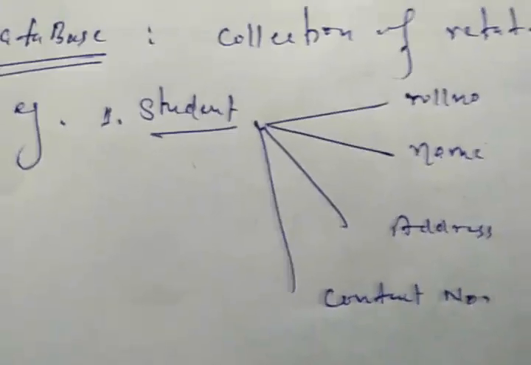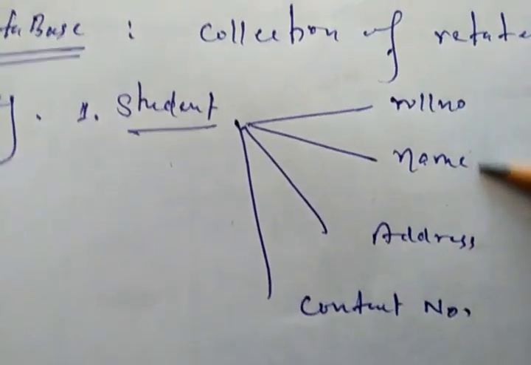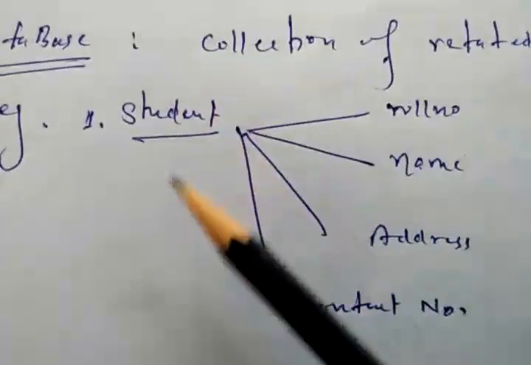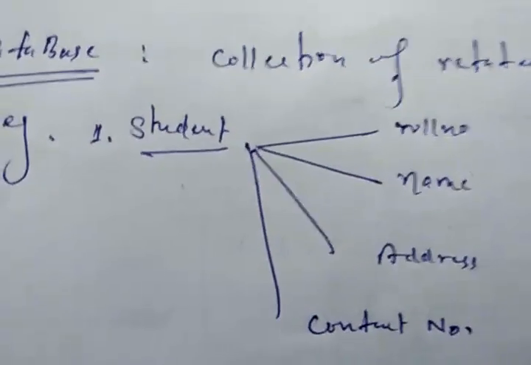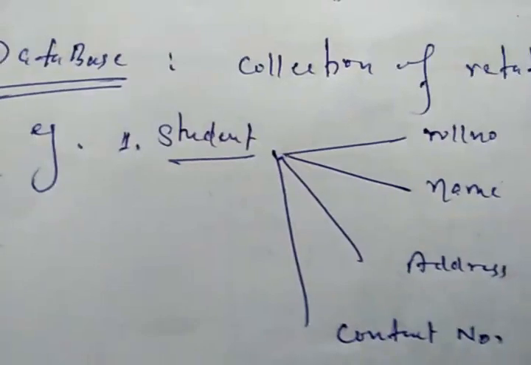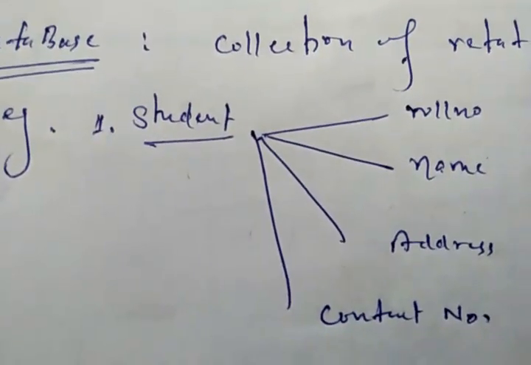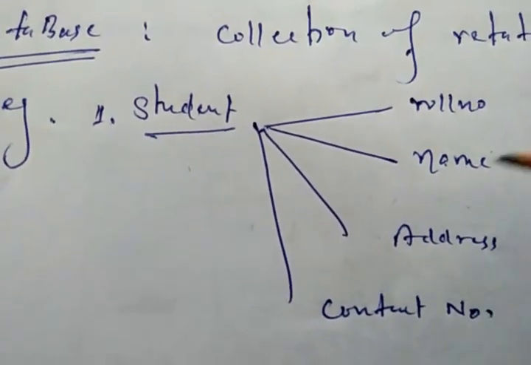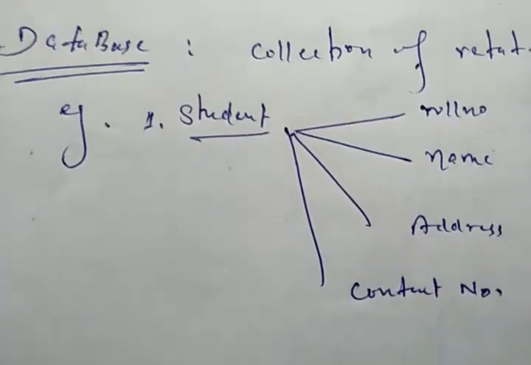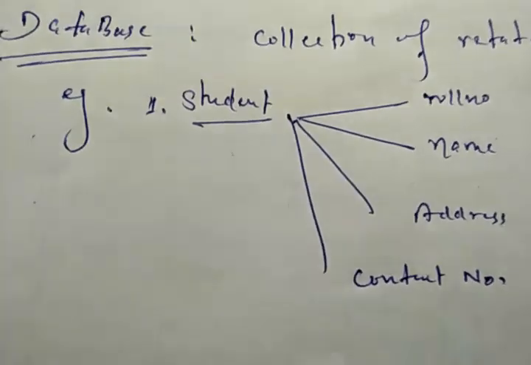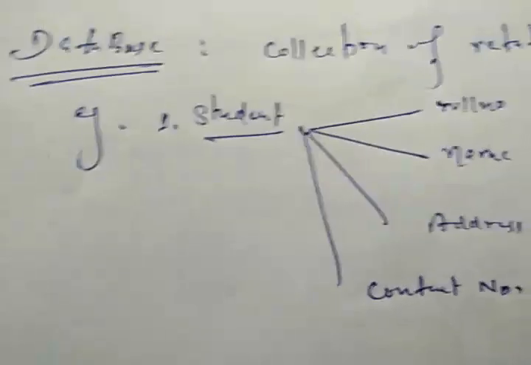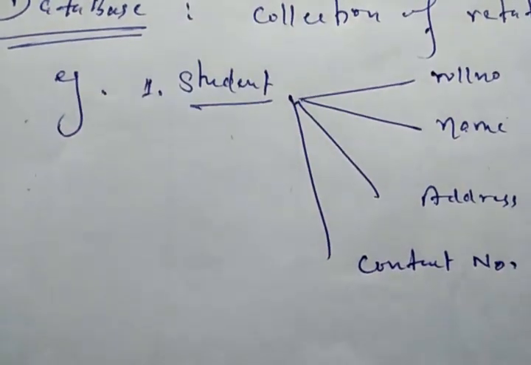In database theory, all these column names are called attributes and the name of the table is called a relation. So in database theory, the table name or the entity is called a relation and column names are called attributes.